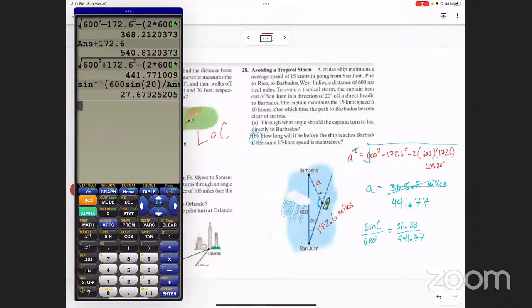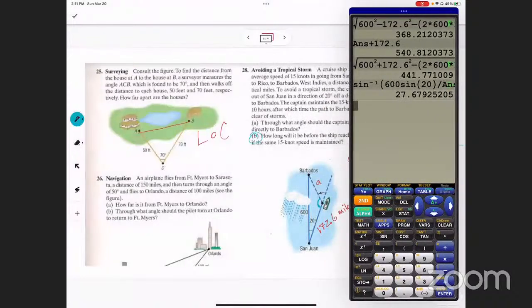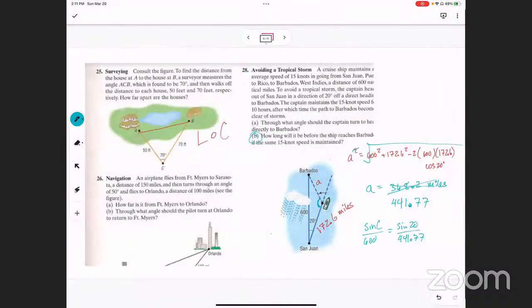So C equals 27.68. So through what angle should it turn? 27.68 is the answer. Yeah.